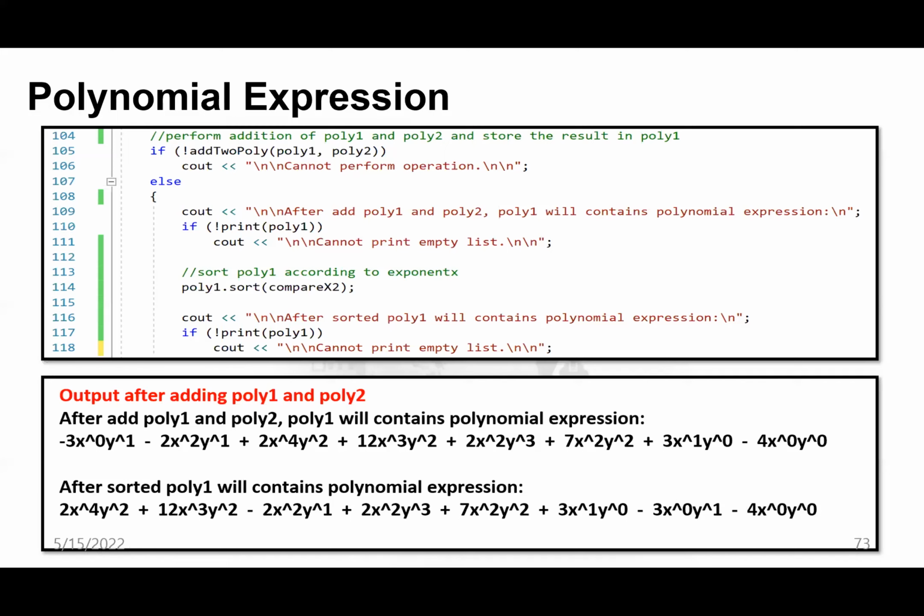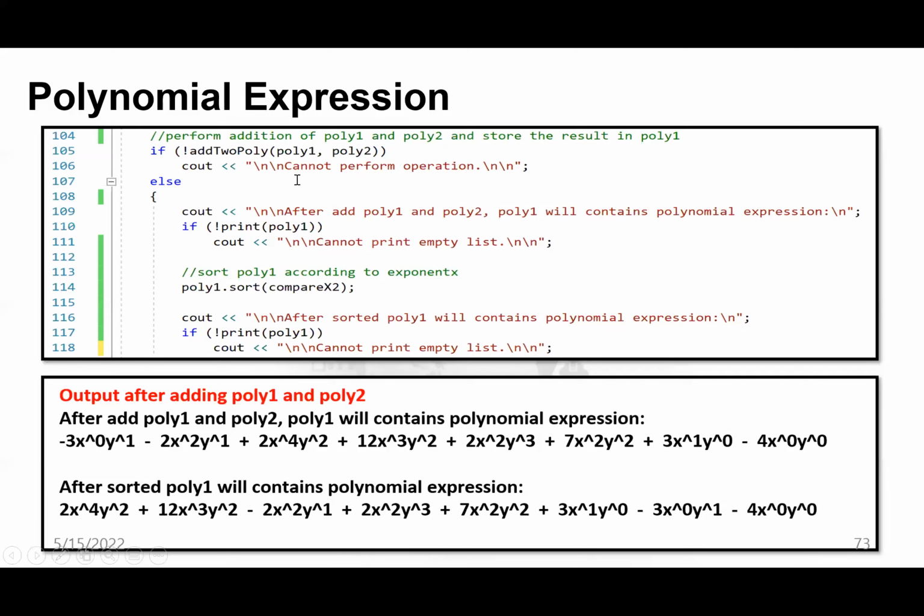Okay, then we print poly 1 again. After the sort, when you print poly 1 again, at the bottom here, you can see that the x is sorted. I mean the expression is arranged for x power 3 and 0. Okay, so this is this part.